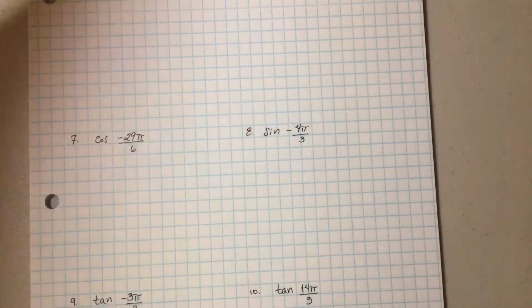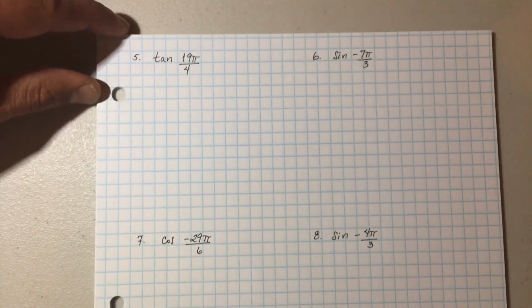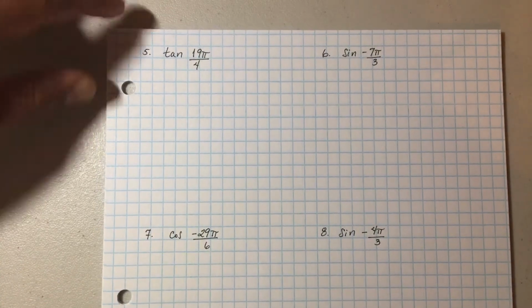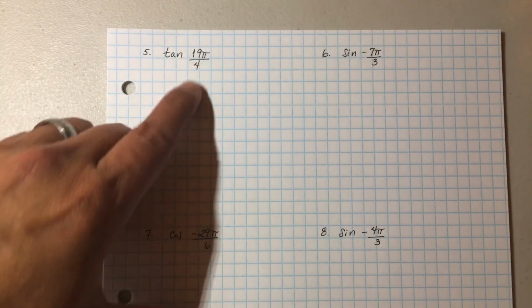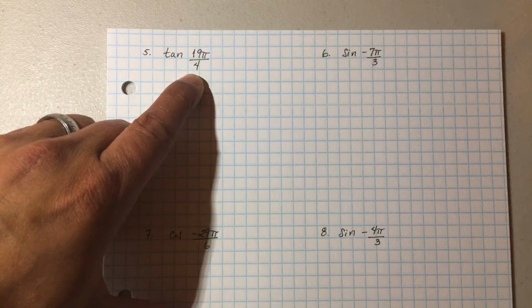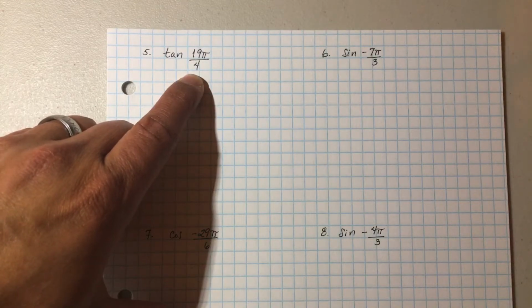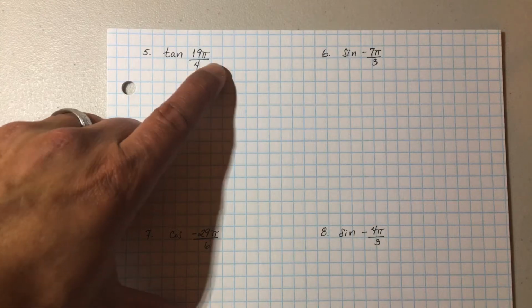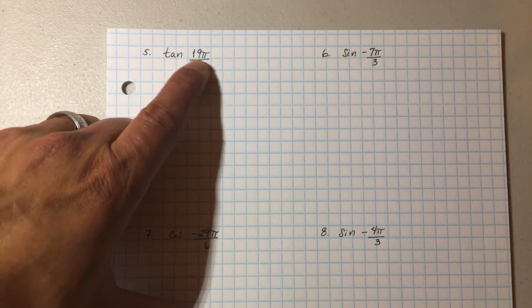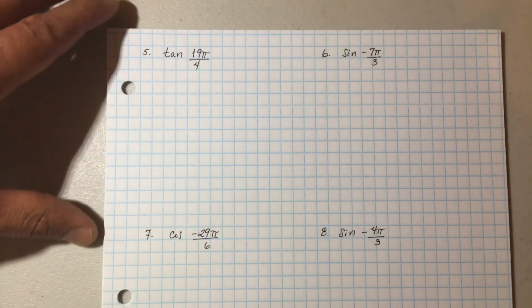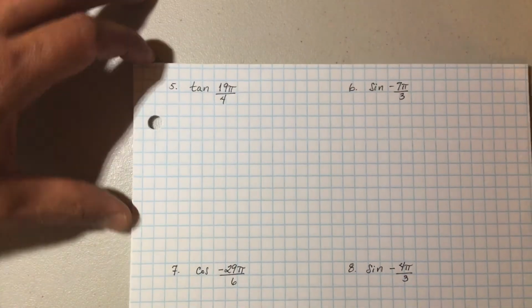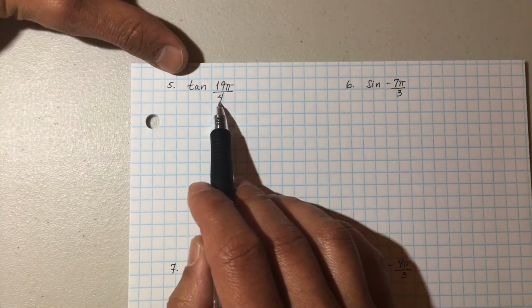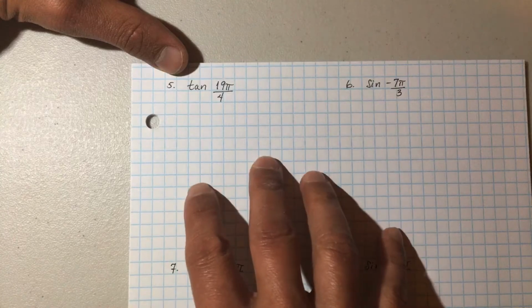Okay, guys? All right. Tangent of 19 pi over 4. Think about it. How many times does 4 go into 19? You're going to say, well, 4, almost 5. Well, if I do 5, that'll be 4 times 5, and I subtract, I'm going to get 19 minus 20, and that's not going to help me out. So watch what I'm going to do. I know 4 goes into 19 4 times, right?